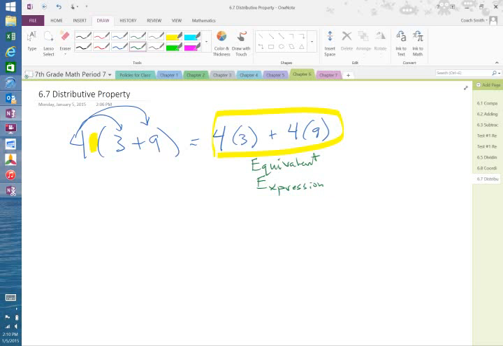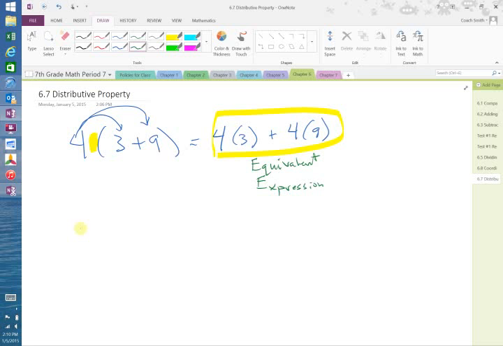Hopefully it'll show up there in a minute. It's running a little behind today. That is an equivalent expression. There is a difference between an equivalent expression and using the distributive property to simplify.